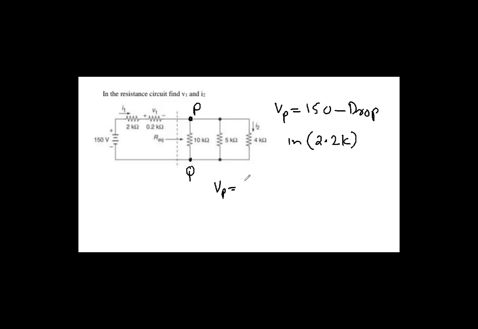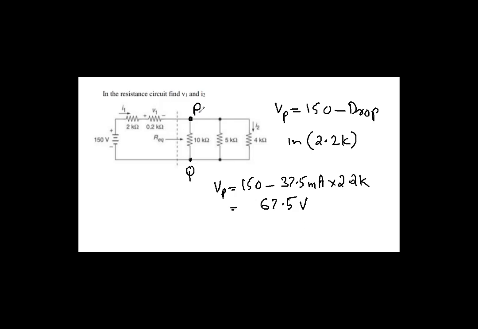So Vp is equal to 150 minus current 37.5 milliampere multiplied by 2.2K. Here again milliampere and K will cancel. So this will give you 67.5 volt. So that is the voltage across P and Q, 67.5 volt.